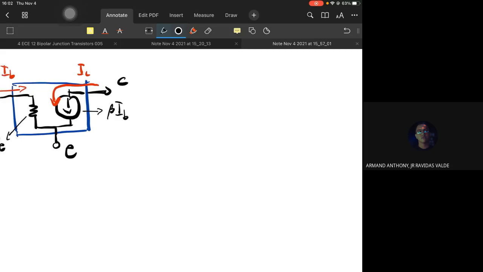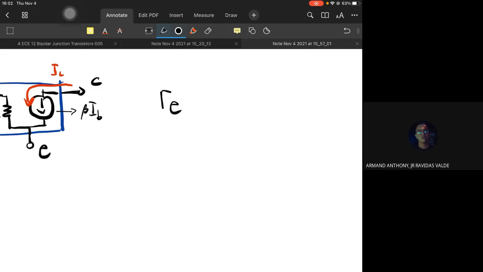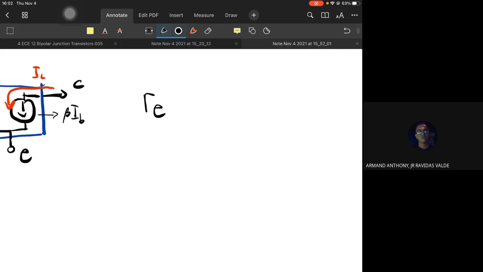The book has a derivation, but we won't focus on deriving this; we'll just go to the bottom line. How can we compute for RE? Previously, we memorized 4 common relationships and formulas for the BJT: IC is equal to beta IB, IE is equal to beta plus 1 times IB, VBE equals 0.7, and IE is equal to IC plus IB.